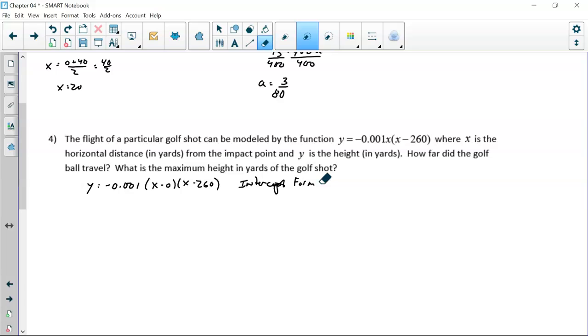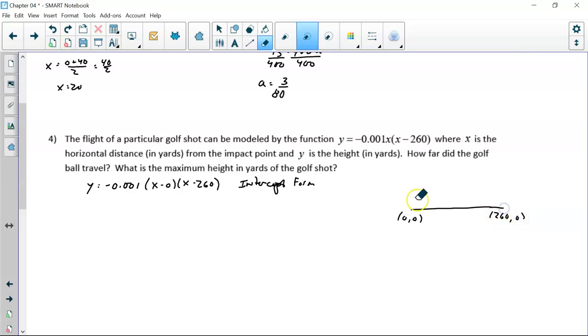So now we need to find the vertex. Because it says x is the horizontal distance in yards, and y is the height. We don't know the height. All we know is that this golf ball starts at our intercepts at 0, 0, and ends at 260, 0.